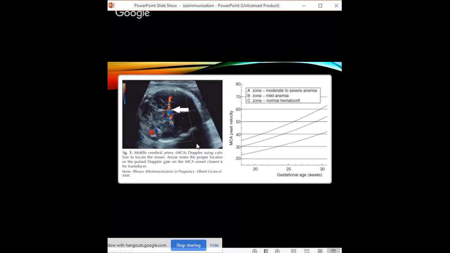It determines fetal anemia on the basis that blood velocity is elevated in fetal anemia due to decreased viscosity of the blood and an increase in cardiac output. This test is 85% accurate, and monitoring using the middle cerebral artery Doppler can begin as early as 18 weeks gestation and be repeated every 1 to 2 weeks.